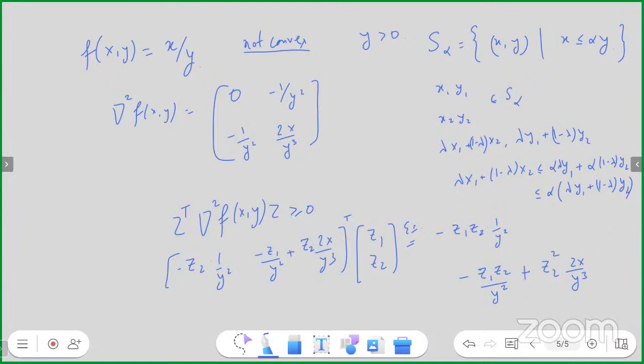So, from first principles, nothing really interesting going on. It is quasi-convex. It will turn out this is also quasi-concave. A function which is both quasi-convex and quasi-concave is called quasi-linear.